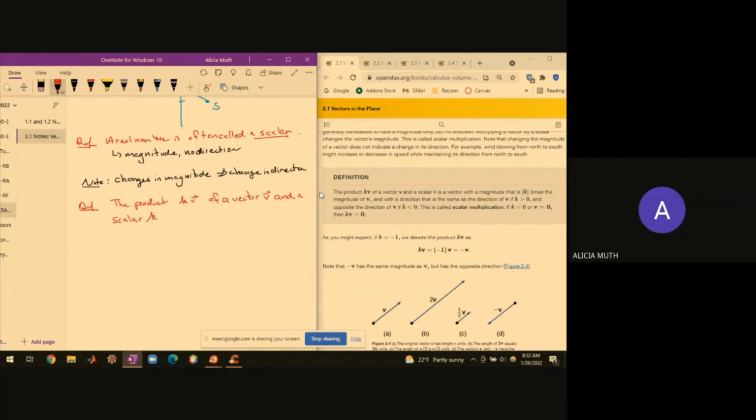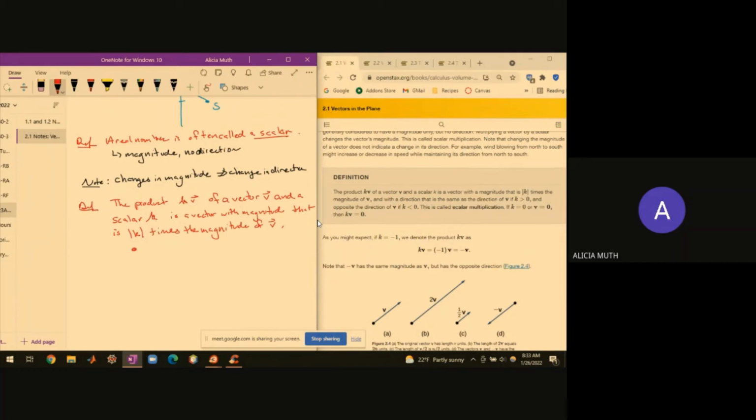is a vector with magnitude that is the absolute value of k times the magnitude of v. And with a direction that is the same as v if k is positive, and opposite if k is negative.